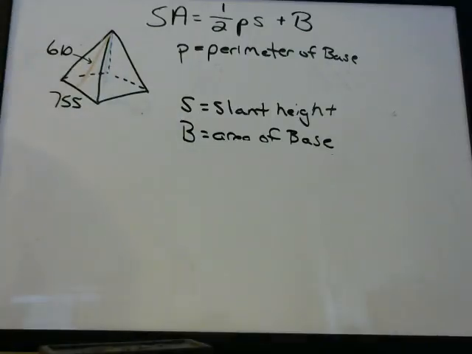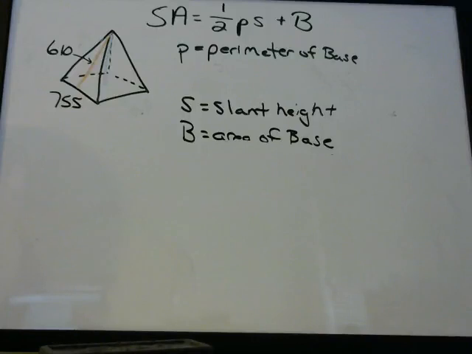Now, I didn't write down the first thing I said, the height is 480, because remember, we don't need that number. We don't need the height, we need the slant height. So if your problem gives you the height, you don't need that. What is the surface area of this whole pyramid?